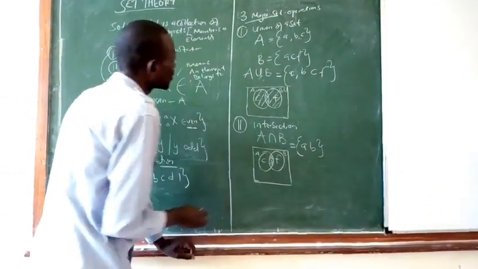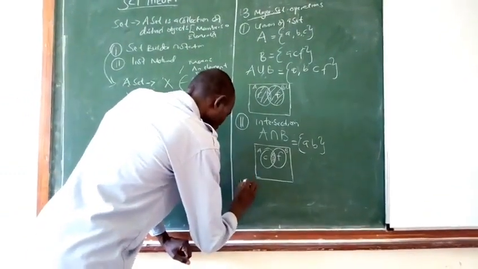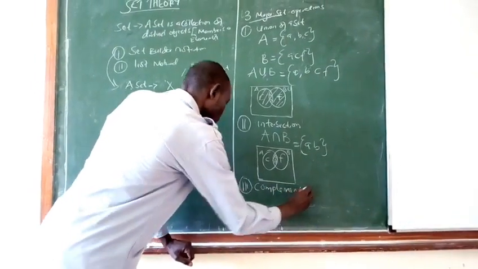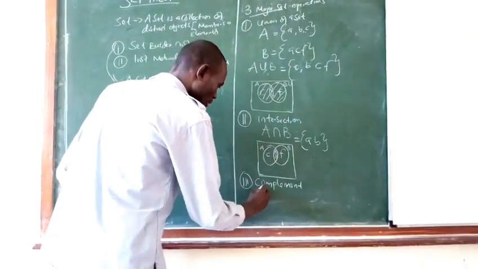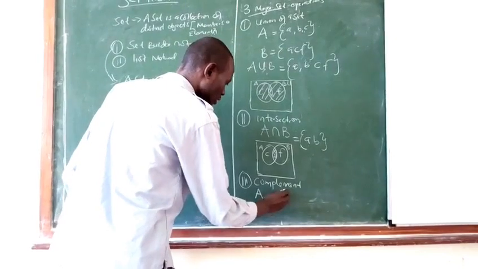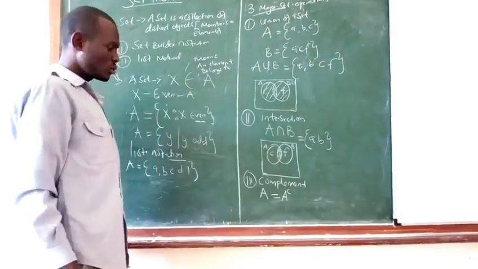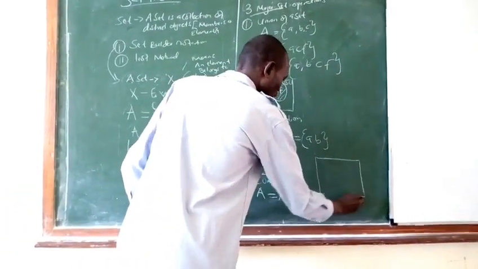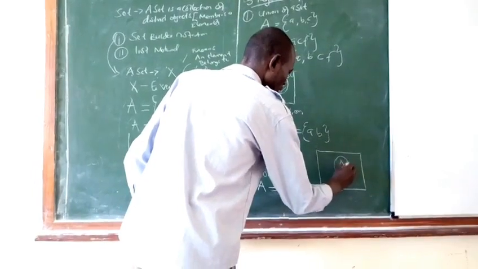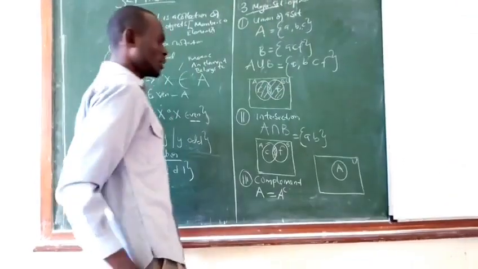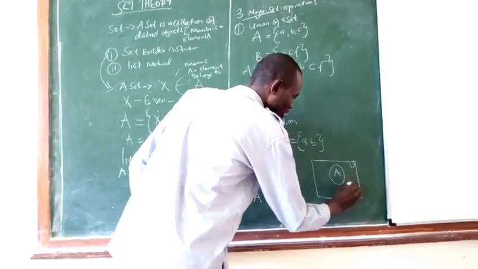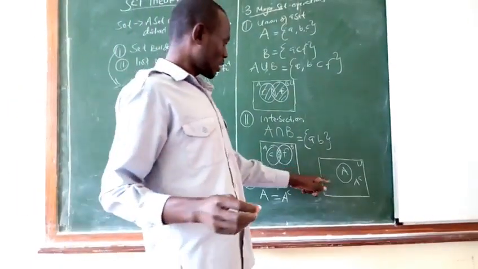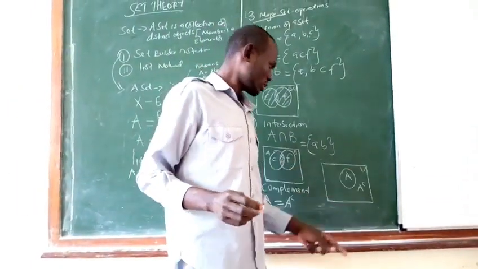Then lastly, under the operations, we have a complement, or simply complementation. The complement of a set A is written A complement. So in this case, when representing such on a Venn diagram, you draw A. This is the universal set, meaning our complement will be outside A. This means the complement of set A is in the universal set.